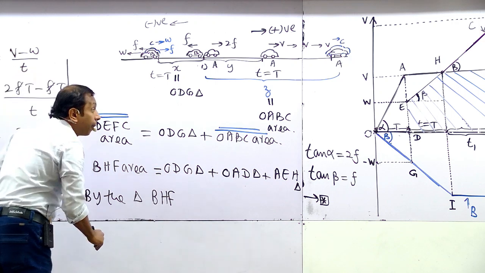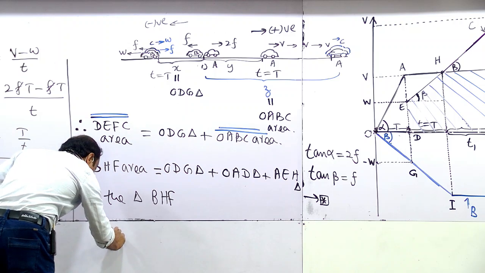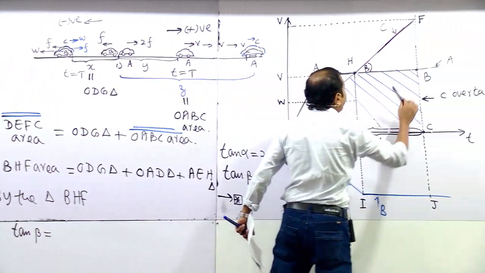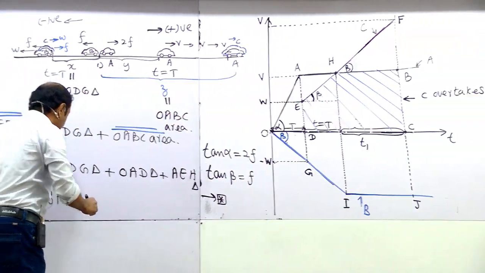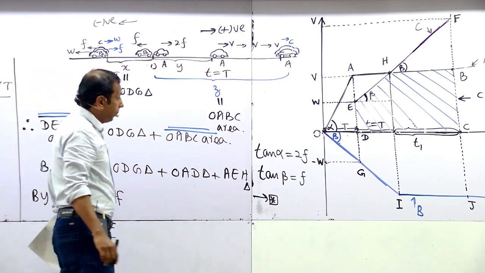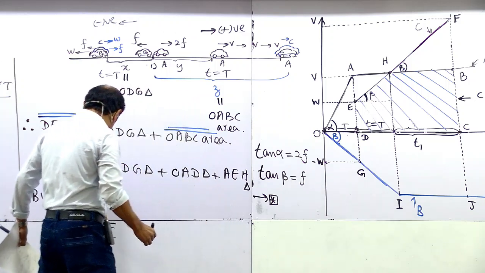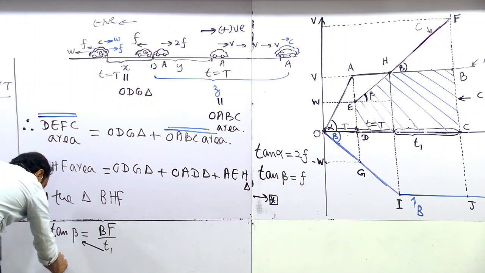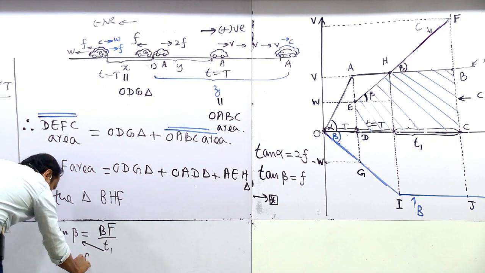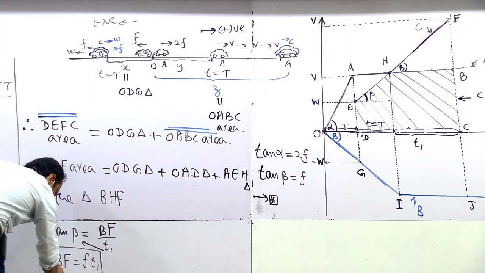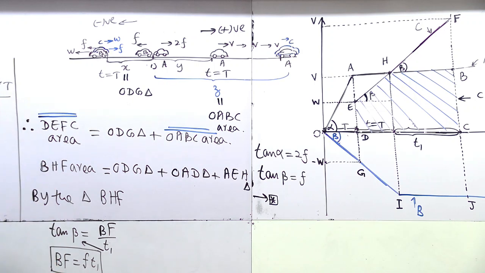What's tan beta? Tan beta, you can write BF divided by T1. If we bring this here, then we get BF equals FT1.